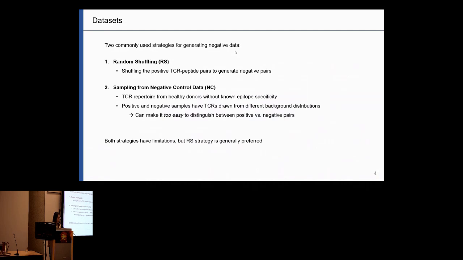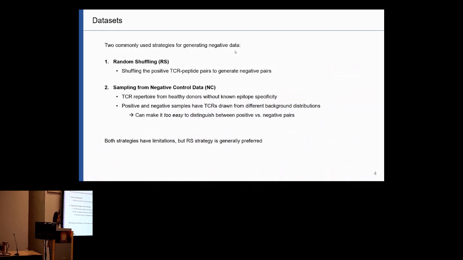There are two commonly used strategies for generating negative data, which we also use in our study. The first is random shuffling, RS in short, which is shuffling the positive TCR peptide pairs in the dataset to generate negative pairs. The second is sampling from negative control data, NC, and this is sampling from the TCR repertoire from healthy donors without known epitope specificity.